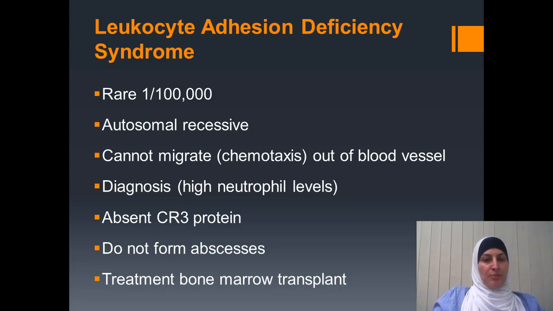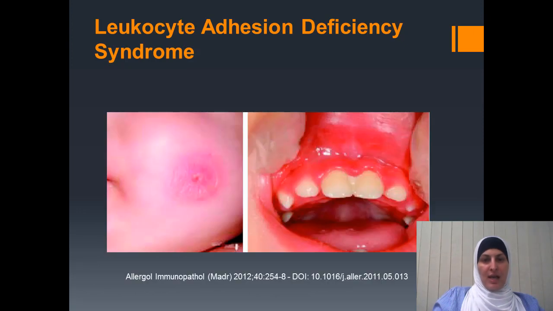For this problem, that person has a defective immune response, and whenever there is a bacterial infection, usually no abscess is formed, because no adequate number of neutrophils are present at the site of infection. Usually those patients should be treated with a bone marrow transplant to get progenitor cells of normal neutrophils.